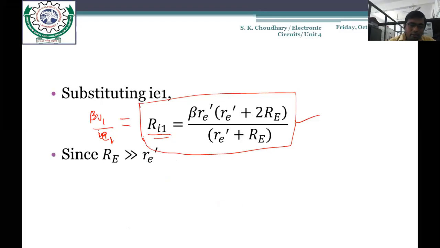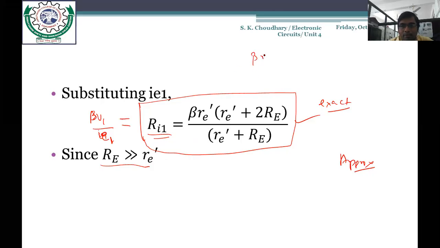Now you can also make some assumptions and find out the approximate value of Ri1. This is the exact value, and for the approximate value we can say that capital Re, that is the emitter resistance here, is very much larger than Re dash. If it is like that, then what would be the approximation here? You can see twice of Re is larger than this.